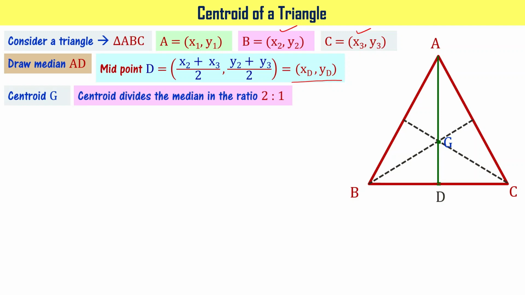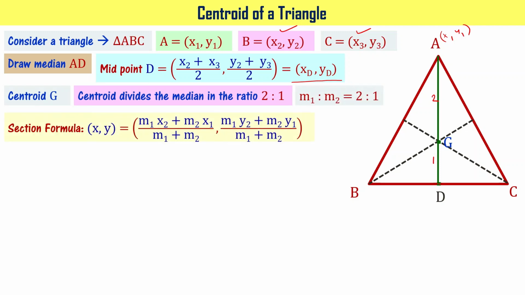It means this length is 2 and this length is 1. Here I'm calling this x1, y1, right? This is xd, yd. When you are using the section point formula, I'm calling this x2, y2 for convenience sake, so that you can simply substitute into the section point formula, right?